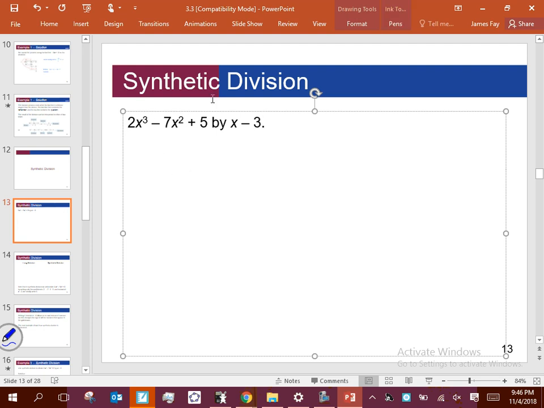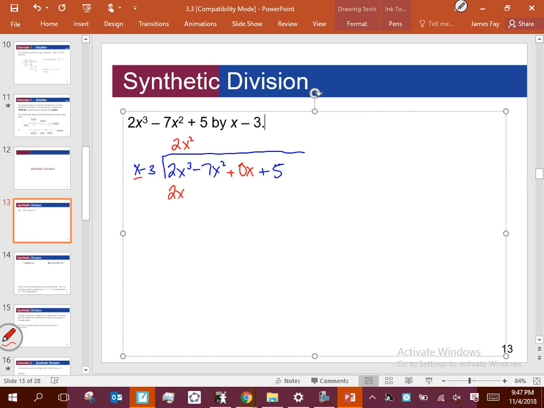I like this one because it does force us to have a placeholder here. So x minus 3, put my divisor outside. 2x cubed minus 7x squared, I will put my 0x in there, and then plus my constant of 5. Obviously it's got to be a 2x squared here to multiply by that x to get 2x cubed.